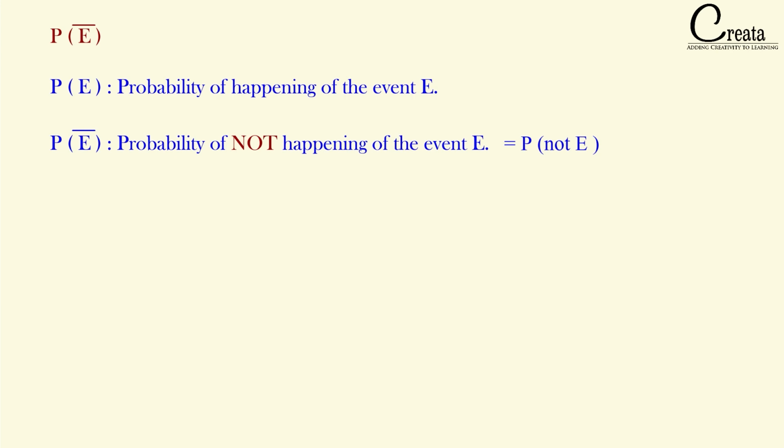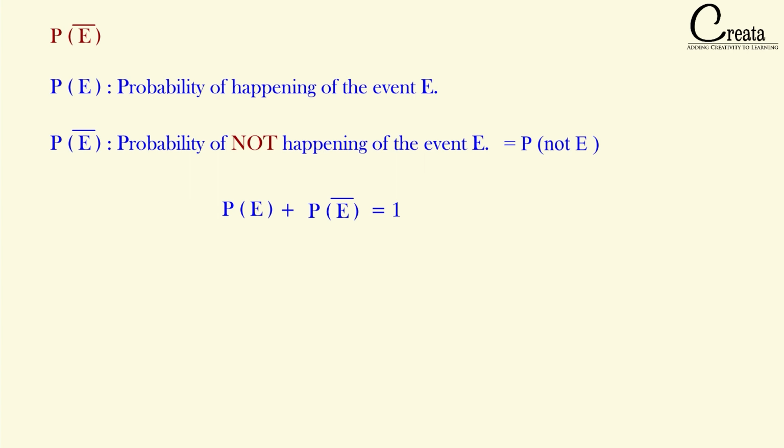The observation is that P(E), the probability of happening of the event, plus P(E bar), the probability of not happening of the event, is equal to 1. P(E) plus P(not E) is equal to 1.